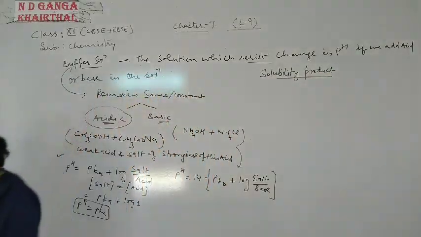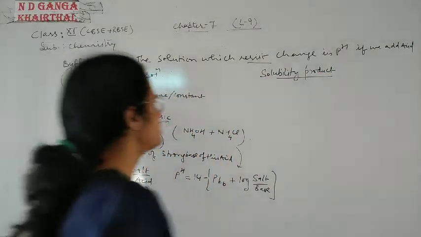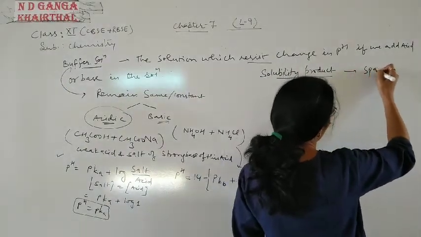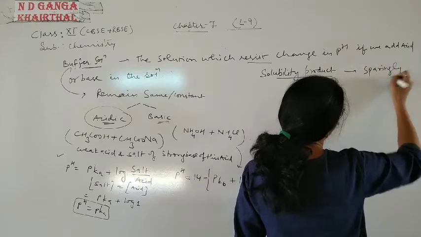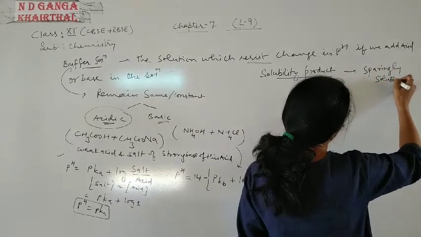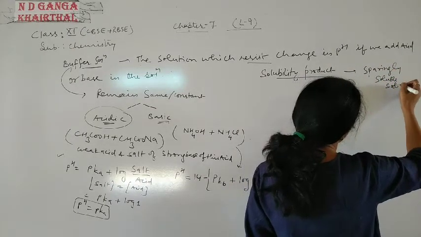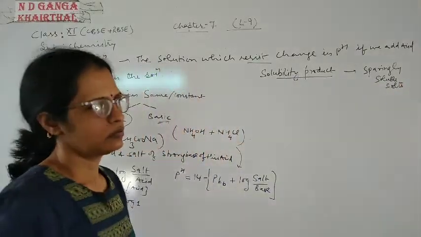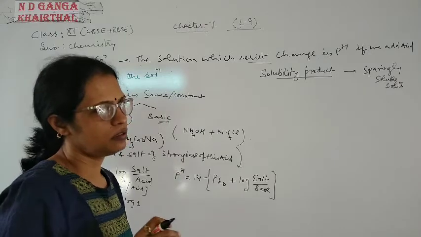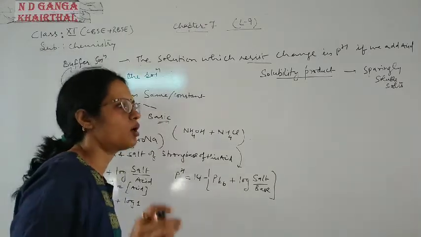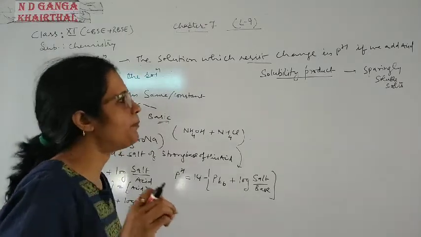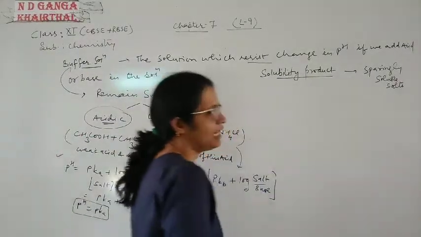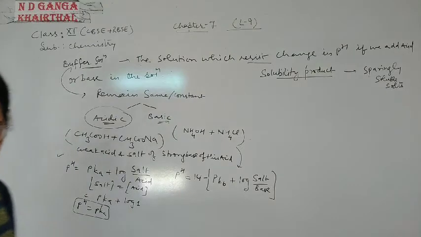First of all, we have to understand that the solubility product is calculated for sparingly soluble salts. Sparingly soluble salts means salts which are not insoluble, not soluble, means partially soluble, like silver salts. Okay.